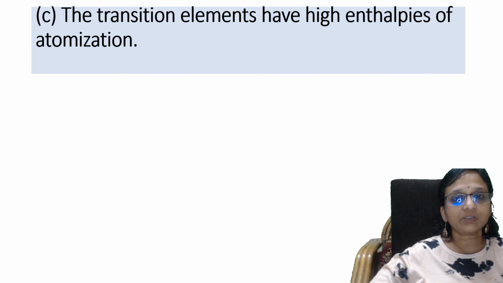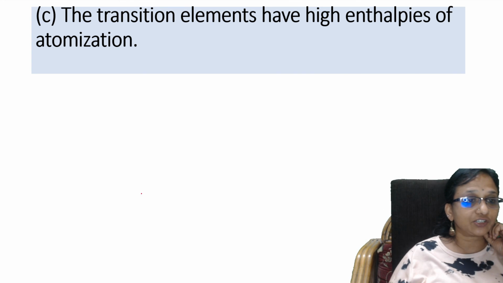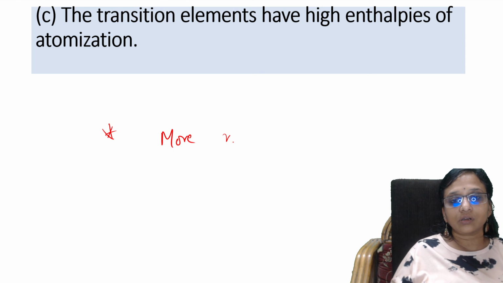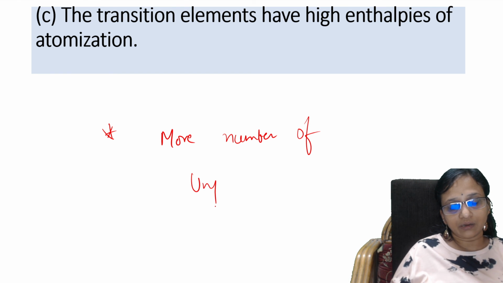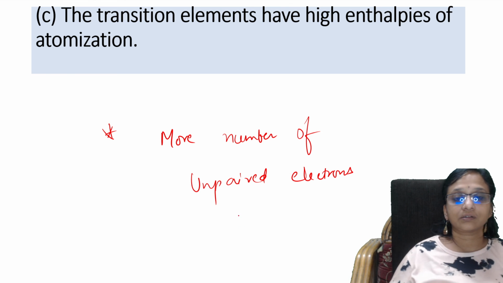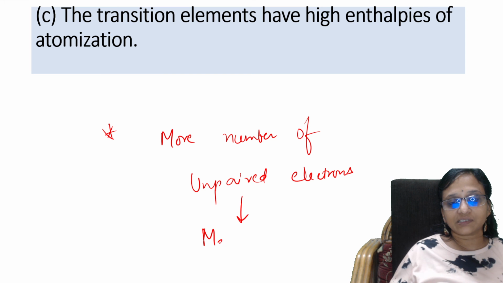The transition elements have high enthalpies of atomization. I said earlier also, only one statement you won't write. More number of unpaired electrons means maximum metallic bonding.